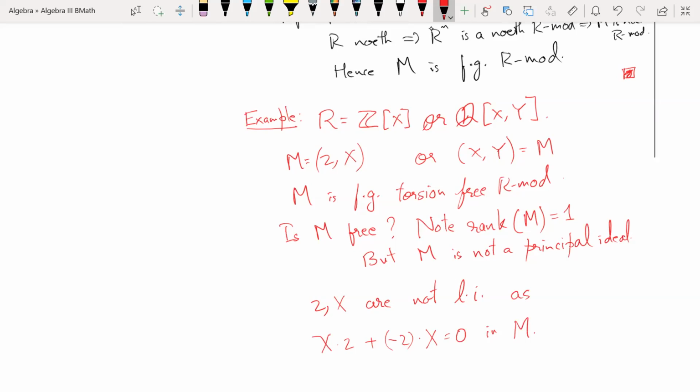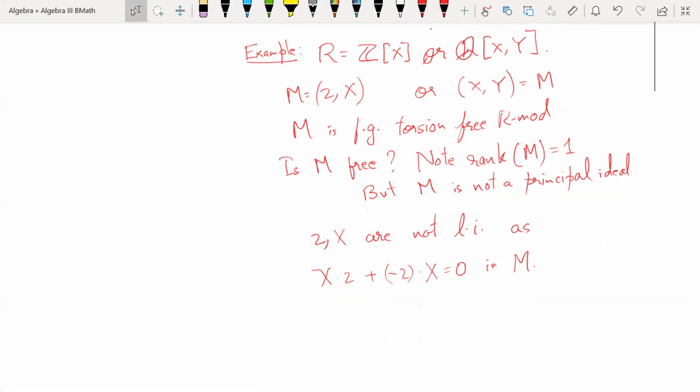So this gives you an example of a module over a ring R which is very nice. It's a UFD, very close to being a PID, just that there's one extra variable added to it. It is a polynomial ring over a PID. And you have seen that a finitely generated torsion-free module need not be free.